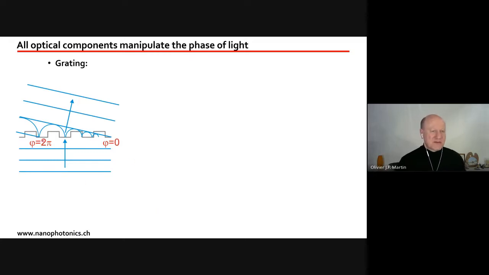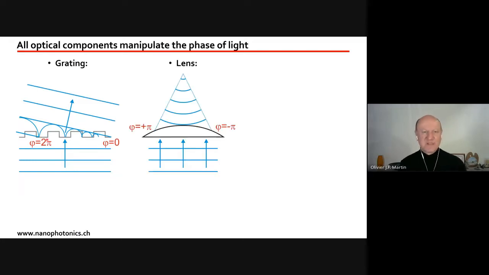For example, if you look at a grating, you will have a plane wave coming at normal incidence, and the light is going to be scattered at an angle. So it means that the phase front arriving here will have no phase difference, but you see here there will be a small phase added to this phase front, and here there will be more phase added, and here even more, until we reach the next phase front, where we have a phase of 2 pi between these successive phase fronts.